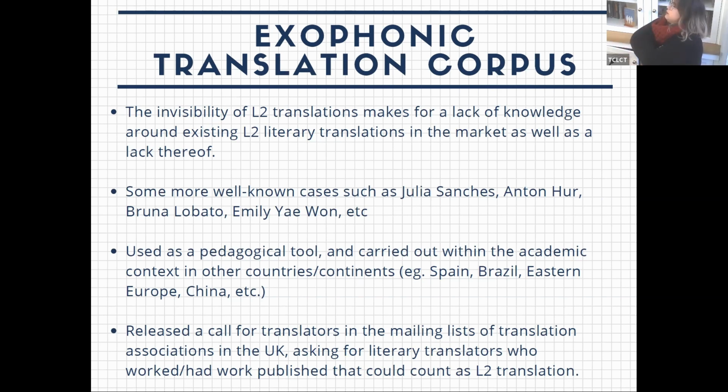To try to understand who these translators are, once I decided that I was going to also look at the person behind the translation, we released a call in the mailing lists and the Translators Association, asking literary translators to contact us if they wanted to be interviewed and be part of the research. And obviously I was interviewing them in English, so they would also have to be able to speak about their practice in English.